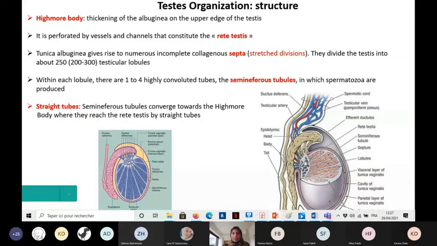And this Highmore body is perforated by channels coming from the seminiferous tubules.